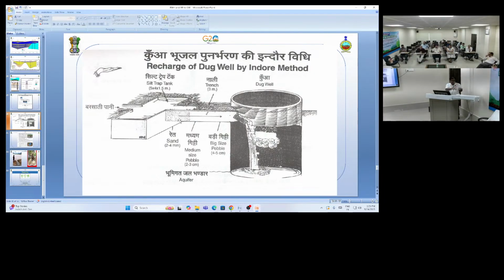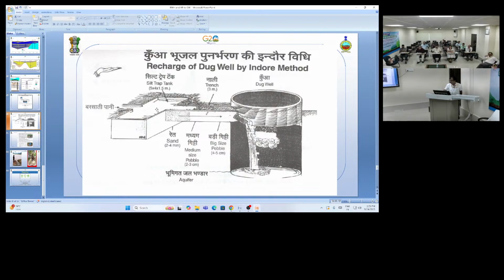It depends upon availability of space, availability of money, so many things will come up. Wherever possible, you can do it: from your roof area, if water is coming, you pass it through a filter media. Then if a dug well or tube well is nearby, you can put it anywhere.